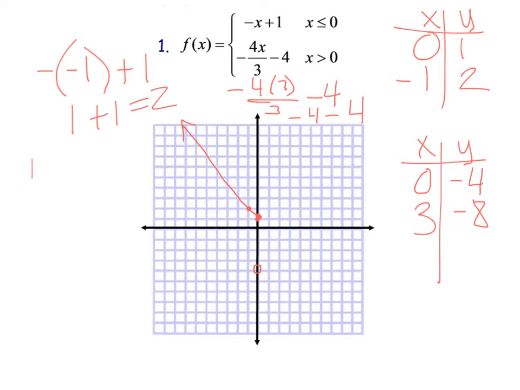And then (3, -8), it's going to be right here. Our second point is always closed. Then we draw a line from our first point through the second point to the end of the graph. And that is our piecewise function.